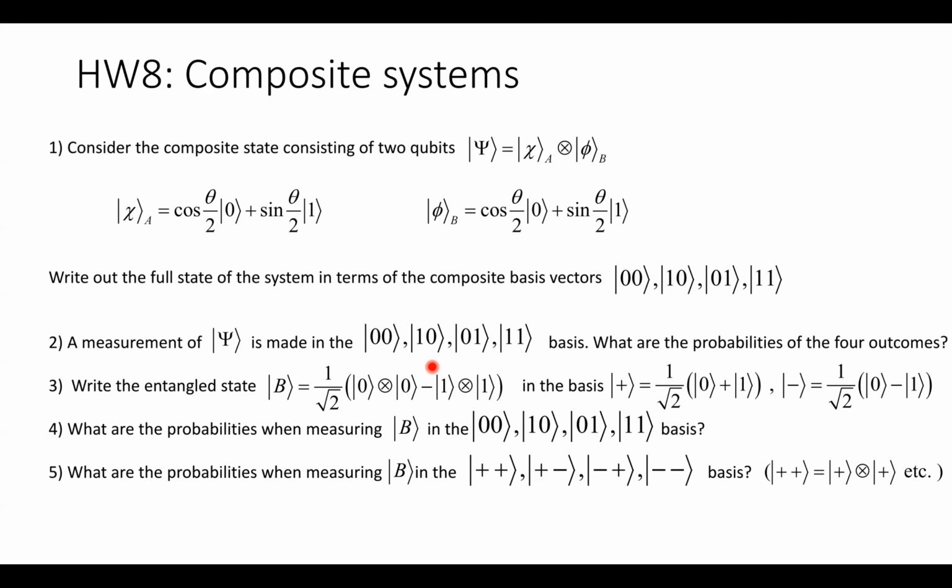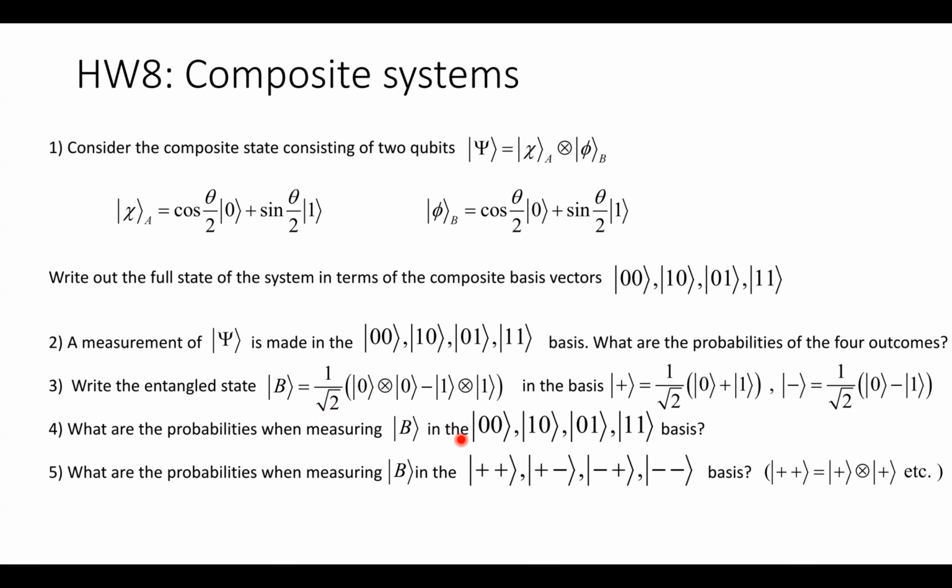Even though we haven't done so much on entanglement yet, you don't really need to know that it's entangled as such, but you should still be able to manipulate them and calculate things like the probabilities. So in this case, this is finding the probabilities of measuring B in this basis. It's straightforward: the probability of getting 0 is a half, probability of getting 1 is a half.